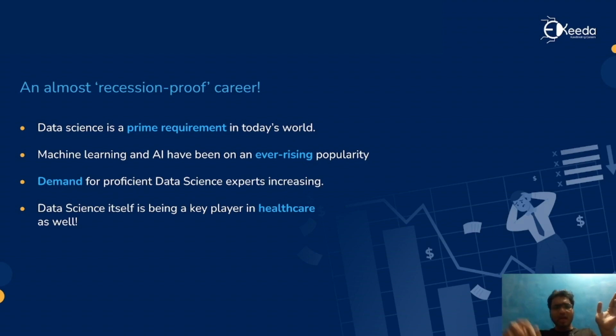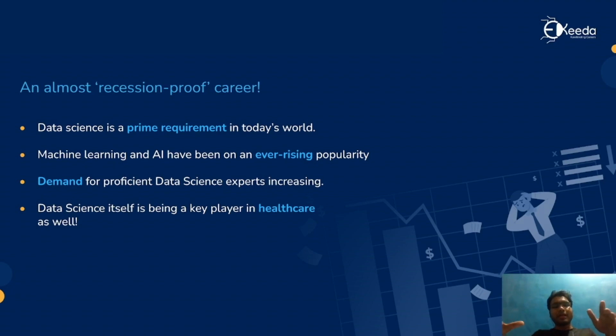Machine learning and AI have been ever rising in popularity, and the reason is that we have data. Just imagine you are driving a car and you have no fuel. Without fuel, you can't drive a car, right? Similarly, consider machine learning and AI to be that car, and the role of petrol is played by data.